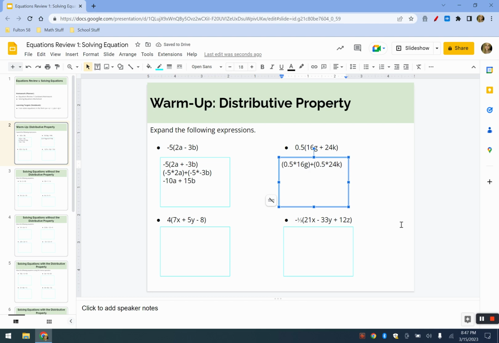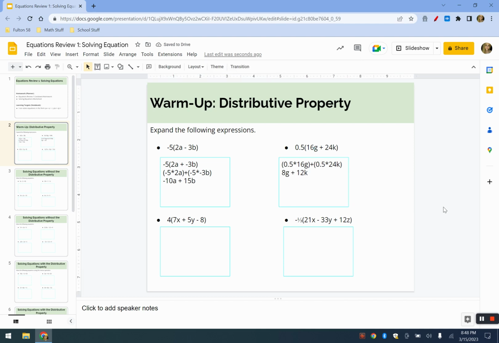When I'm multiplying by a half or 0.5, what I'm really doing is just dividing by 2. I'm finding half of the numbers we're multiplying by. So half of 16 is 8, and half of 24 is 12. So we get 8g plus 12k.